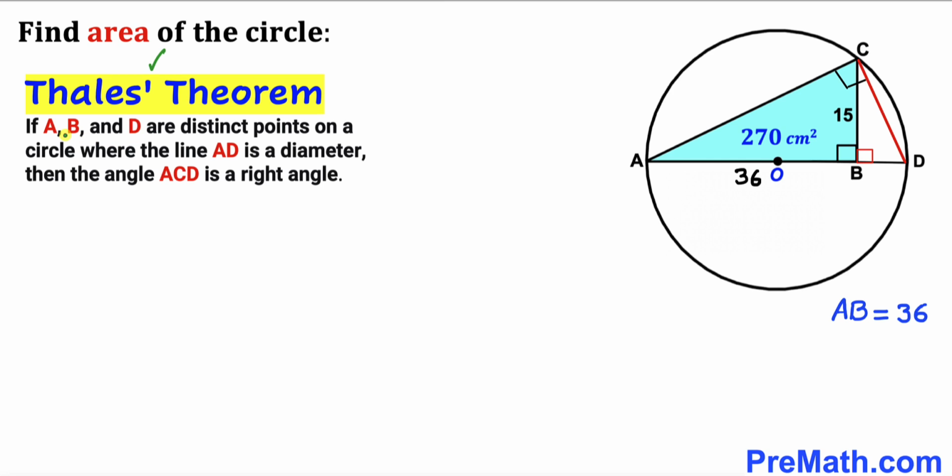According to this theorem, if A, C, and D are three distinct points on a circle where the line AD is the diameter, then the angle ACD is a right angle. As you can see in this diagram, A, C, and D are distinct points on the very same circle, and AD is our diameter. So no wonder this angle ACD is going to be a 90-degree angle.